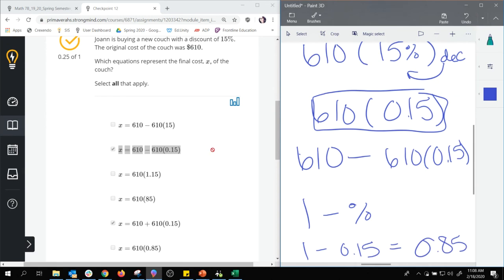So I could also take this 610 and multiply it by 0.85, because that will tell me also the price of the couch. There's two different ways you can do it. You can do the subtraction method, or you can do this step first and then multiply those two numbers.